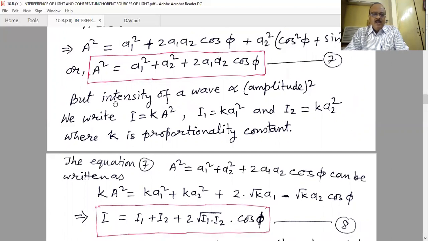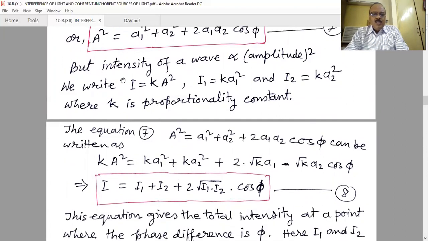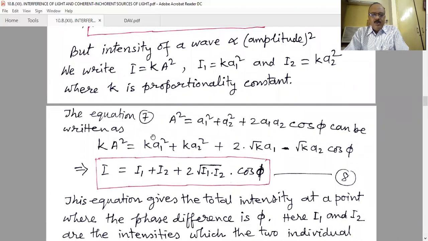Therefore, we can write I, the resultant intensity after the superposition, is k into A square. I1 is k into a1 square, and I2 is k into a2 square, where k is the proportionality constant. So in this equation, if we multiply both sides by k, then we can write k A square equal to k a1 square plus k a2 square plus 2 into root over k a1 square into root over k a2 square cos phi.